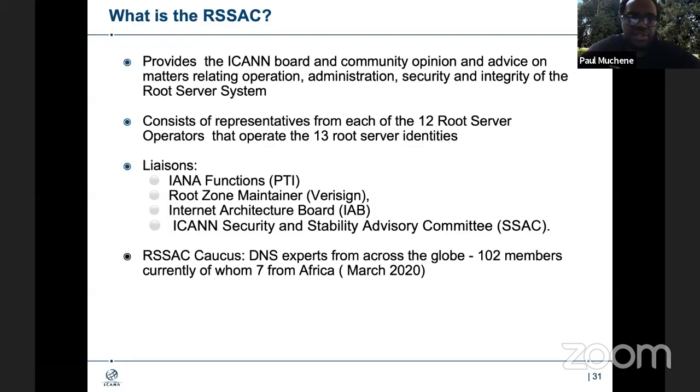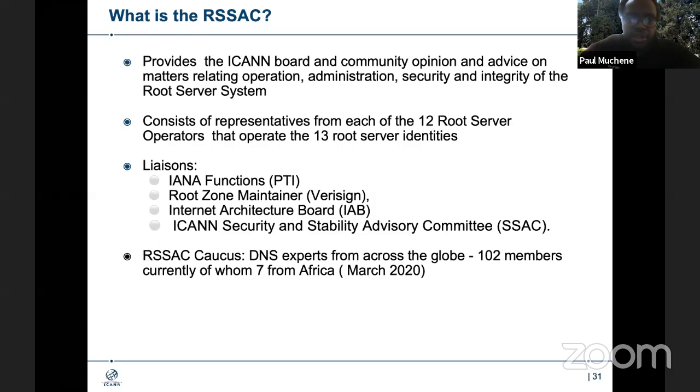These organizations include the IANA functions under the PTI, which is basically part of ICANN. PTI, as I showed earlier on, works hand in hand with the root zone maintainer, VeriSign, to publish the root zone and to distribute it to the root server operators who then publish it on the root servers. Because of that, they are very important stakeholders to RSSAC.